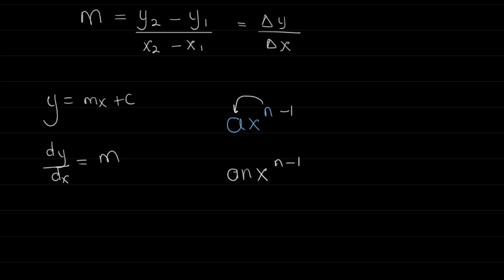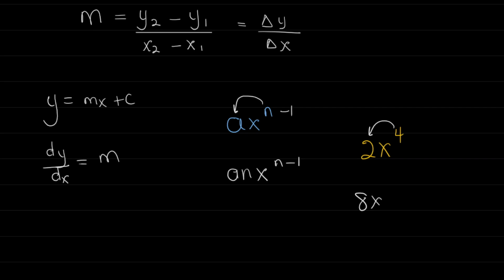What if we have 2x to the power 4? 2 is a coefficient, x is our base, and 4 is our exponent. Alright, now let's do it. 4 multiplied by 2 is going to be 8. X is just loyal.